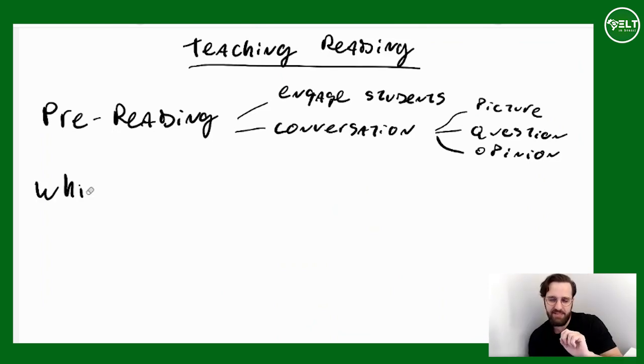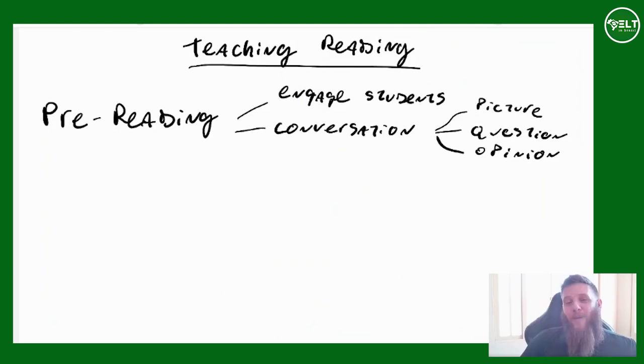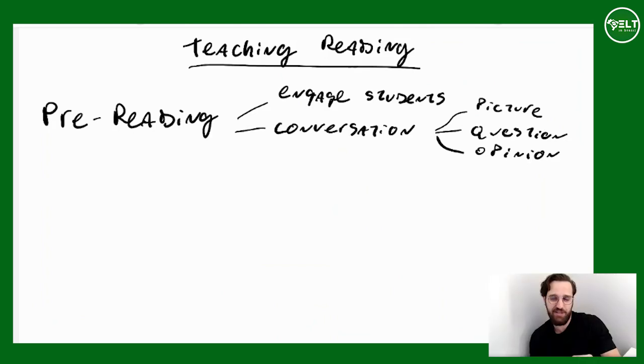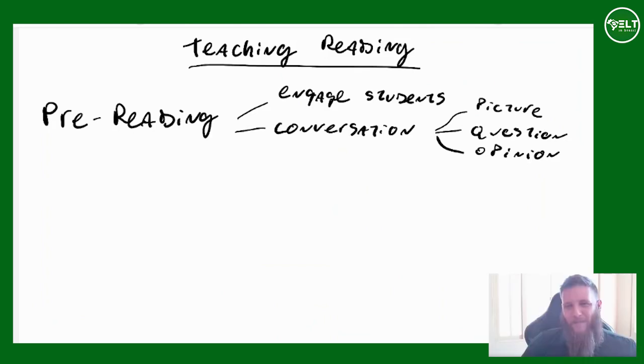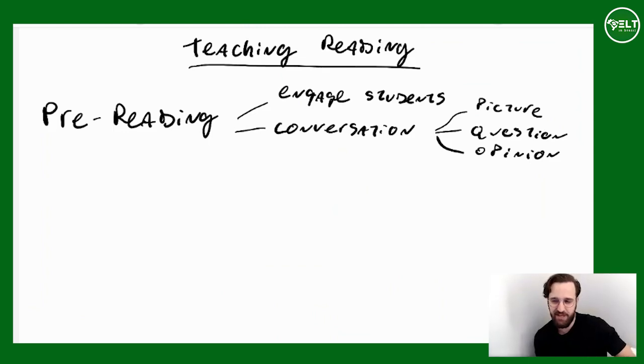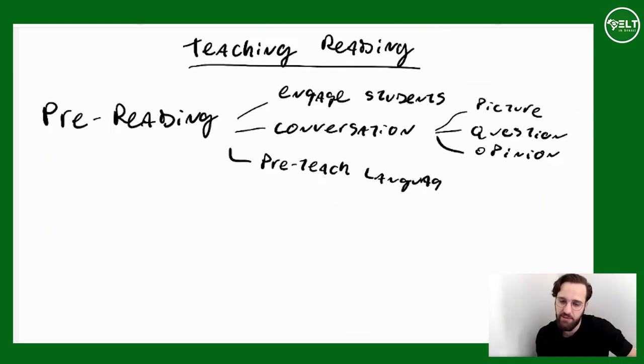There's one parenthesis there, which is, what if you're teaching a very, very low level? So if you're teaching an A1 level, that conversation, first you can prompt students with language, but still I think there are ways for you to manage and help students formulate an idea, display some sort of opinion about the topic, right?